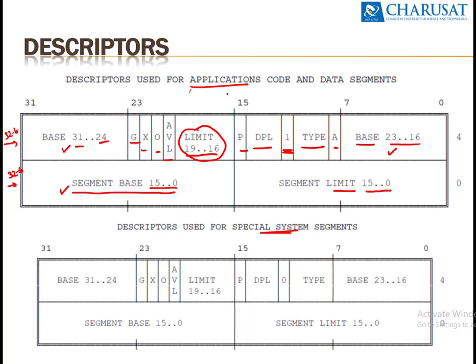Application and system program descriptors are differentiated by this bit. If it is 1, then this descriptor belongs to an application program. If it is 0, it belongs to system programs. So this is how to differentiate between an application descriptor and a system descriptor. In short, the descriptor table contains descriptors for application as well as system segments.